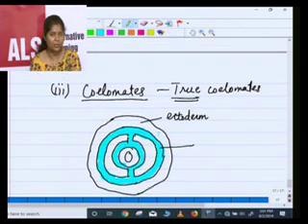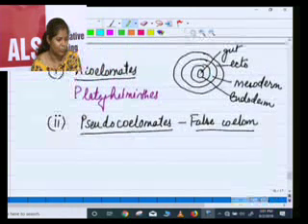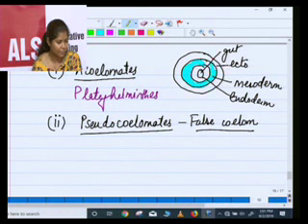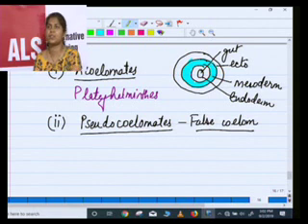Okay, so this blue section is what? First I need to mark this blue section in this thing. If you wish to refer, this blue section is mesoderm.